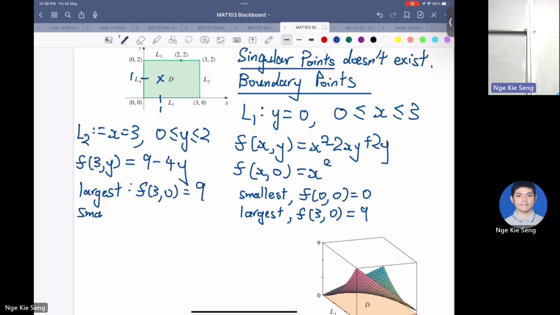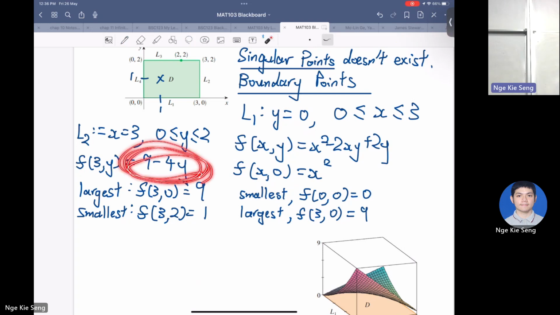And then the smallest number is at y equals 2, which is 1. So you can see that when we determine the largest and smallest number for f, it's also manual.